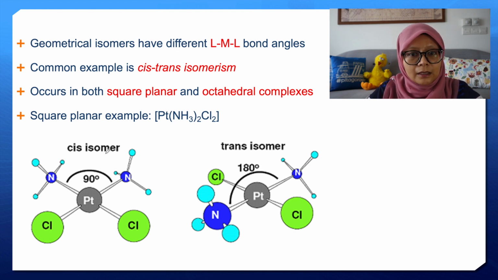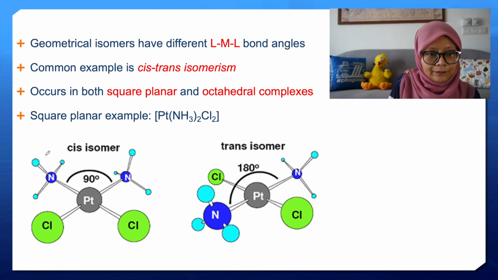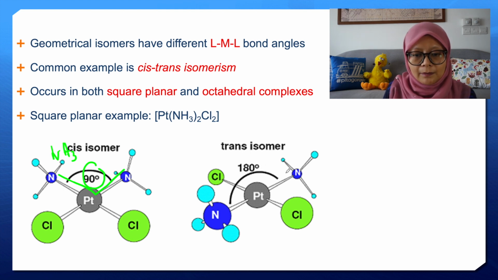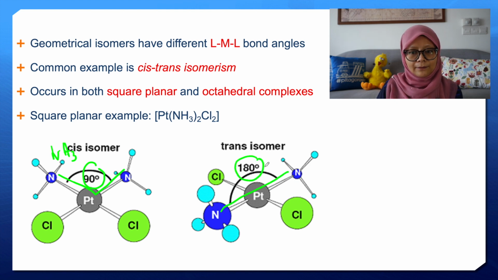For the ligand to metal ligand bond angles, for cis, it has a 90-degree angle. For this amine or ammonia, NH3, the angle between the ligand and the metal and the other ligand is 90 degrees. While for the trans, let's take the same ligand, ammonia, NH3, ligand to metal to ligand, it has 180 degrees.